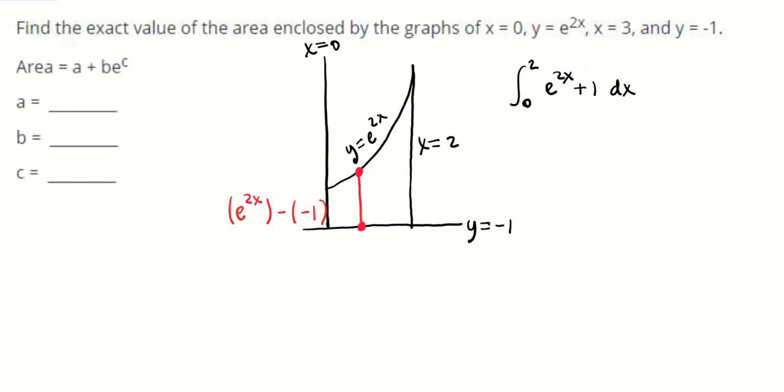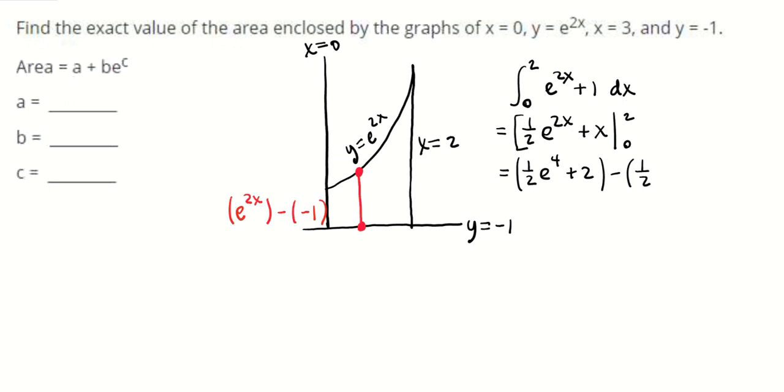And then I'm going to find an antiderivative. Okay, an antiderivative for e to the 2x would be e to the 2x, but I would need to divide by 2 for the chain rule. And then I would add in x. Let x run from 0 to 2. So this is 1/2 e to the 4 plus 2 minus, well, when I plug in 0, I'll get 1/2 of e to the 0, which is going to be a half plus x equals 0.